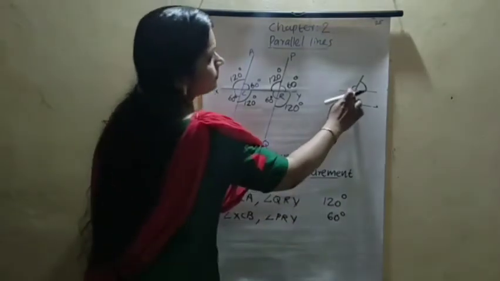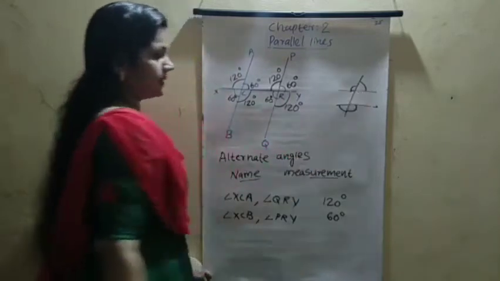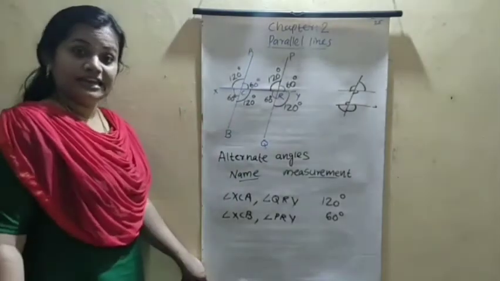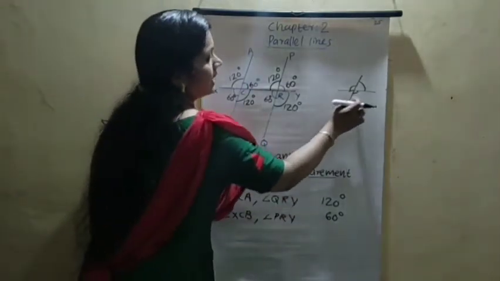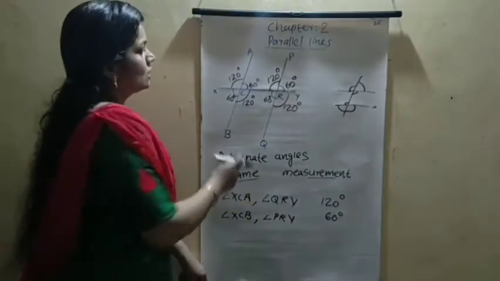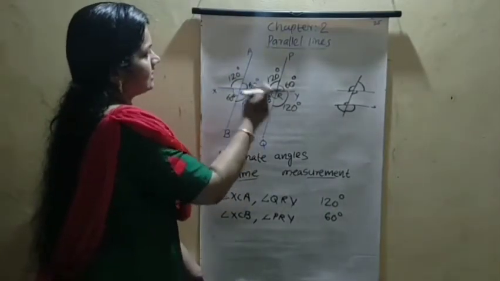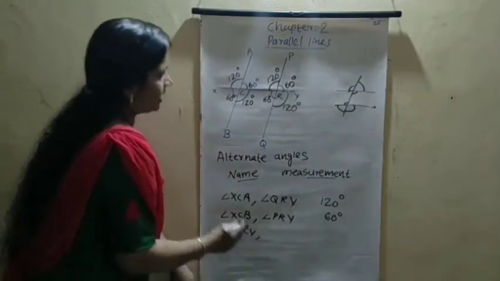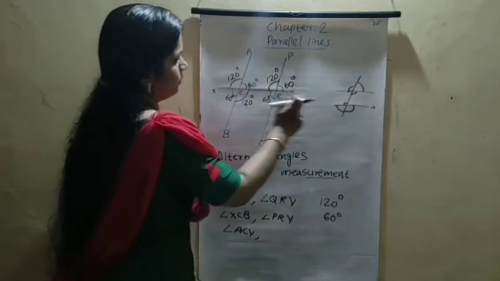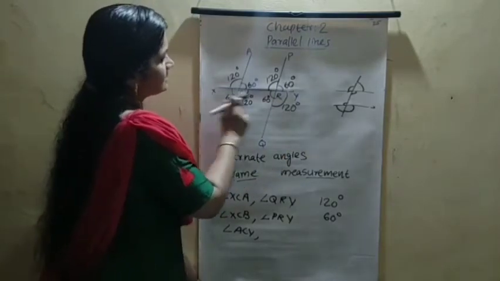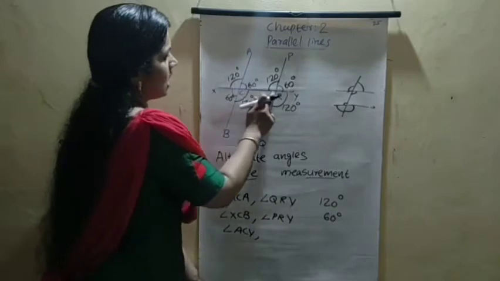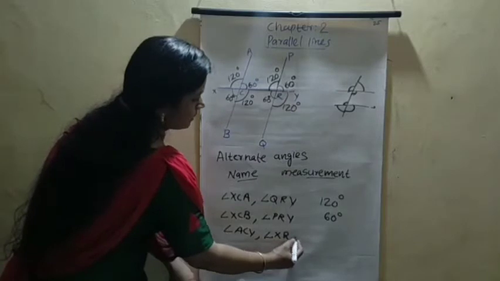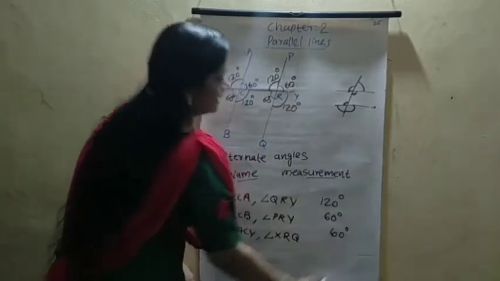Okay, this is another alternate pair. Then the next alternate pairs are the interior angles, the two alternate pairs in the interior. This is 60 and this is 60. So we can write angle ACY and angle XRQ, these two pairs. Angle XRQ is equal to 60 degrees.